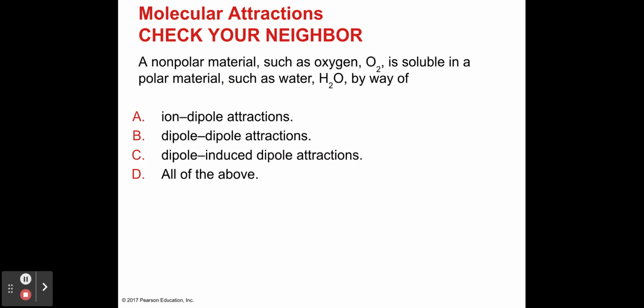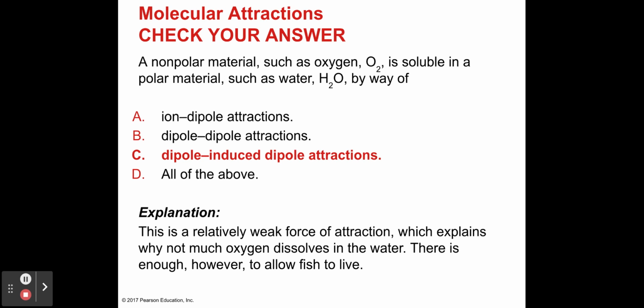A non-polar material such as oxygen is soluble in a polar material such as water by way of what? It's going to be by way of dipole and induced dipole. So water that is polar is going to induce a dipole in oxygen that is non-polar.